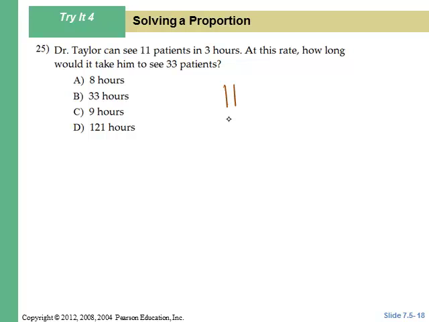Dr. Taylor sees 11 patients in 3 hours. How long would it take him to see 33 patients? Cross multiply: 33 times 3 divided by 11 is 9 hours.